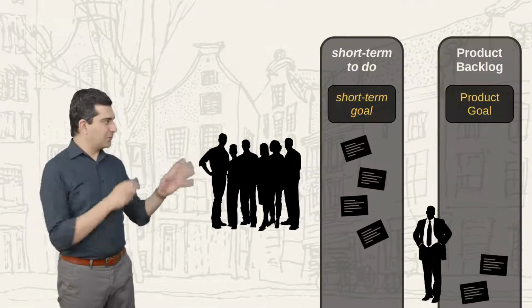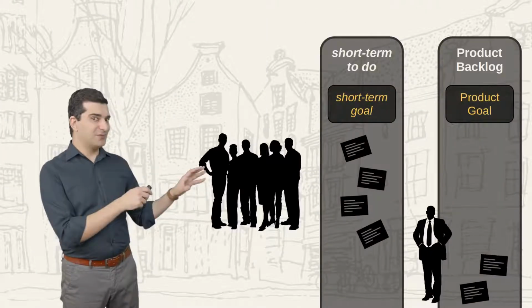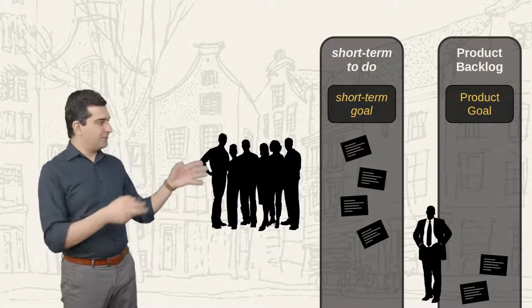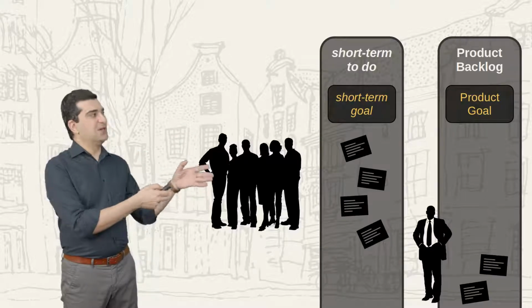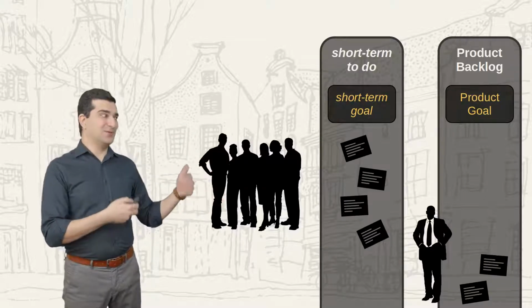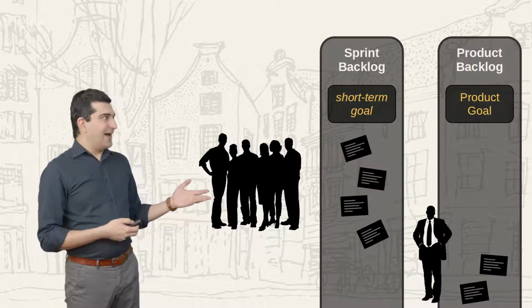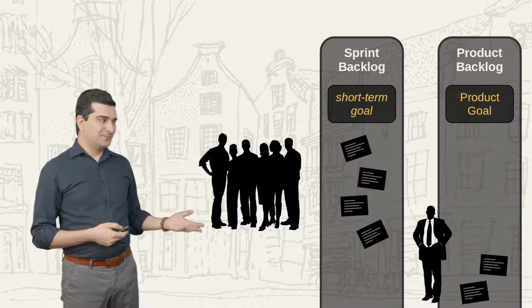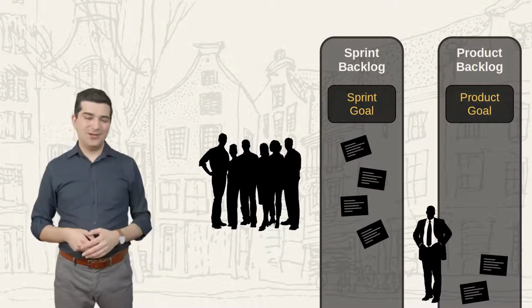All right, so coming back here, we have the terms now. The term for the iteration was a sprint in Scrum, and therefore the list that we have for the sprint, it's very natural to call it the sprint backlog. And obviously the goal can be called the sprint goal. So these are the new terms we have here.